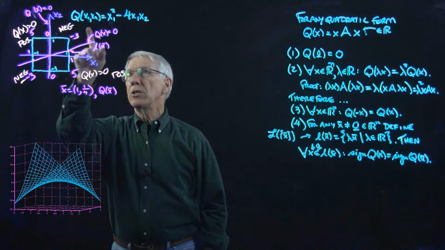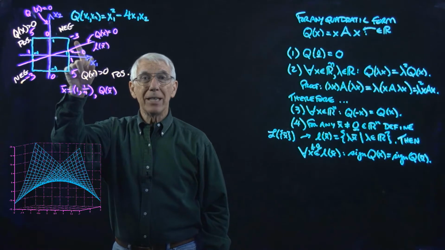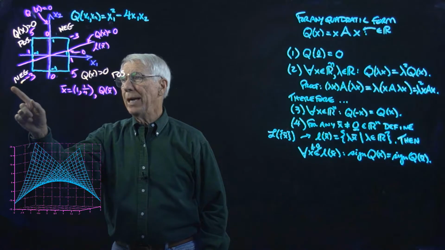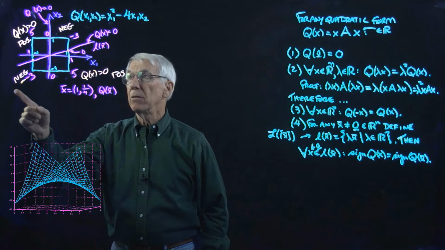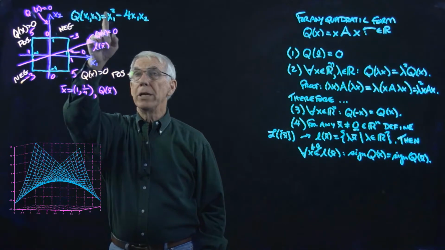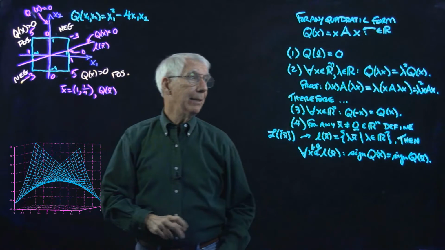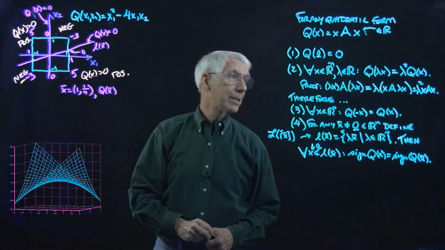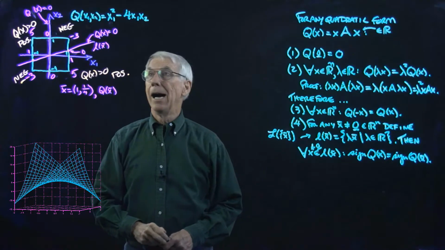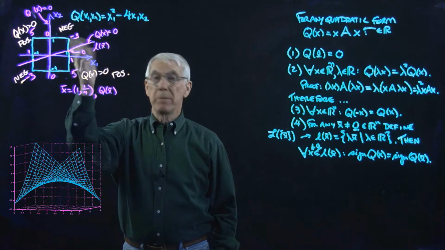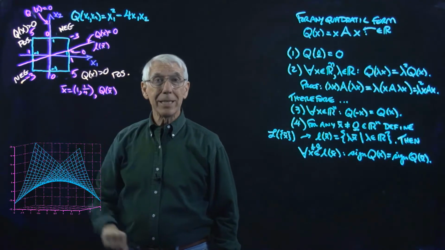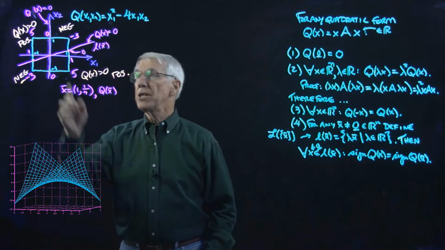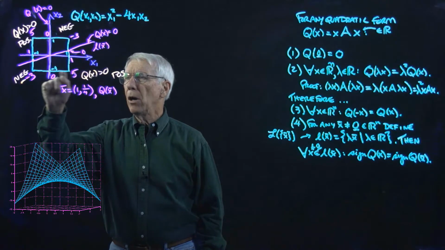So if I go out to (2, 2), its value is going to be -12. Down here at (-2, -2), the value is -12. Go out to (3, 3), the value is going to be 9 times this, so it'll be -27, and so on. And the same for every point on the square.